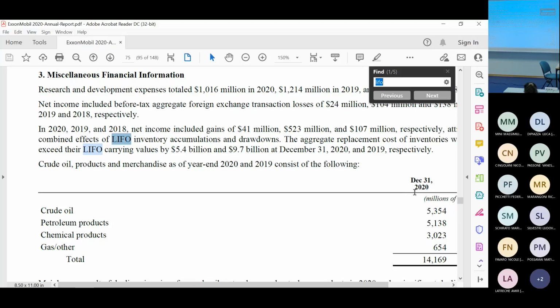They have 5.3 billion of oil, and this is underestimated by 9.7 billion. It's huge. It means that to the inventory of oil you should add another 9 billion to get to the current value. So it's severely underestimated. Also, I think they talk about the total inventory, so you should look at these 14 billion here.